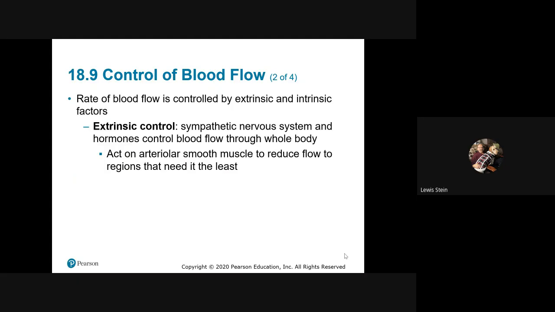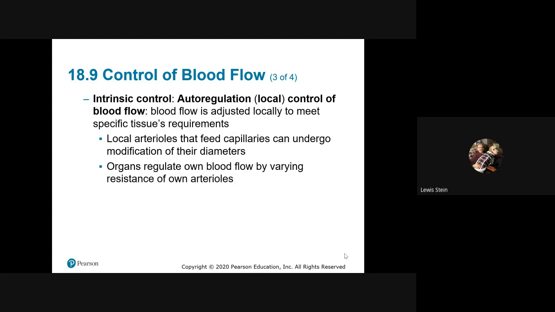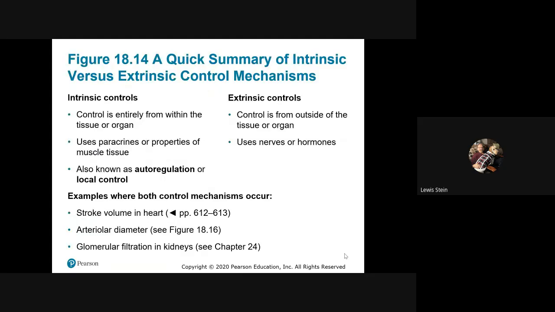And so there are different controls that we had spoken of: the sympathetic nervous system, hormones acting on the arterioles. Remember, that's really where all of this is controlled. And then local flows. Even locally, local release of waste products will alter the arterioles themselves, modifying their diameter, so the organs regulate their own flow, without getting into too much detail.